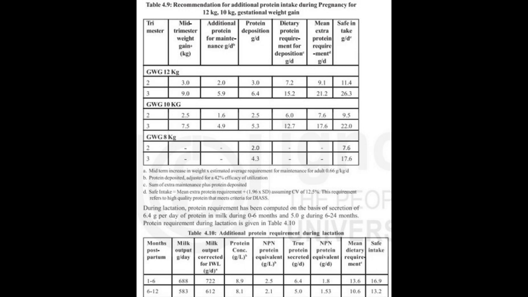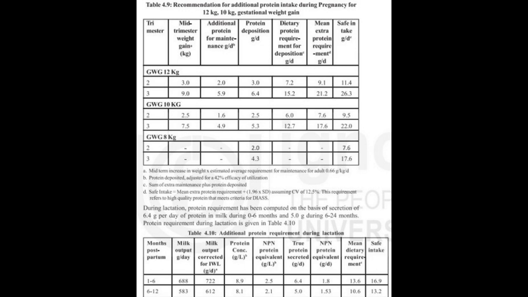Table 4.9. For a GWG of 12 kilograms, if protein deposition was assumed to be proportional to GWG, a deposition rate of 3.0 g/d and 6.4 g/d is calculated for the second and third trimesters, respectively.